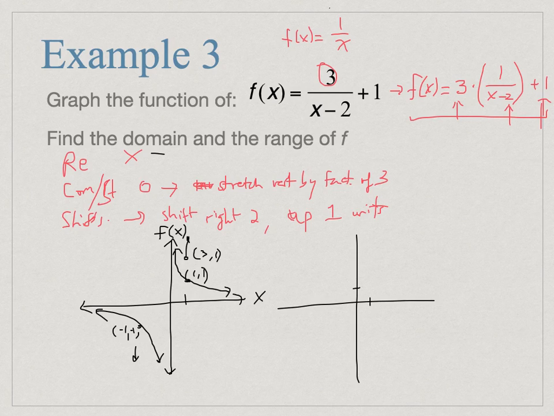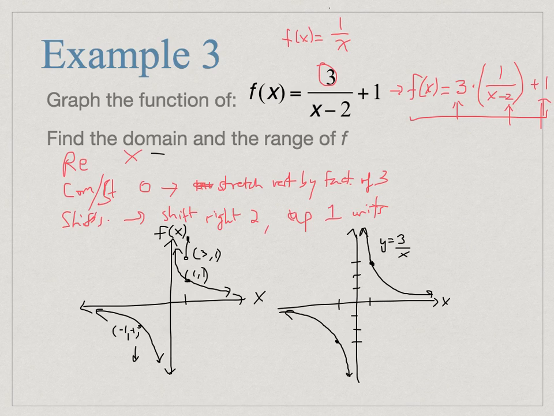It's going to stretch that first point out, and it's going to stretch the rest of this. At negative 1, you're going to expect to see negative 3, and you would see it do something like that. So this is now y equals 3 times 1 over x.